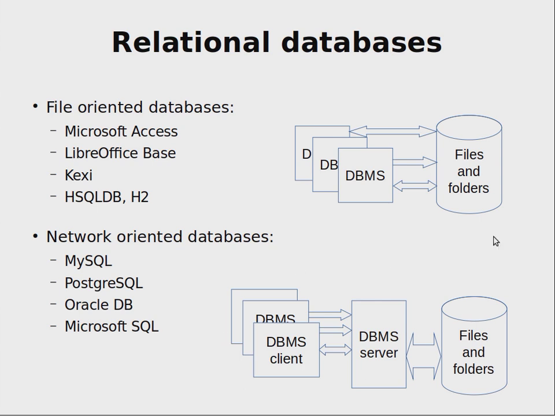And because of that, there is another set of relational database management systems where you have a so-called database management system or server. And the server in general works in the same way as Microsoft Access works with files and folders. The only difference is that in this case you usually have just a single server.